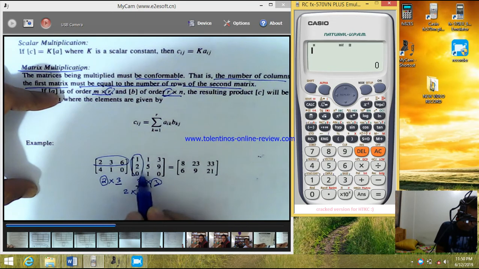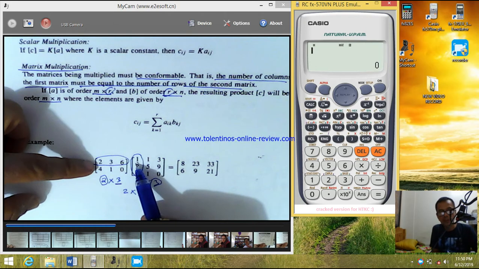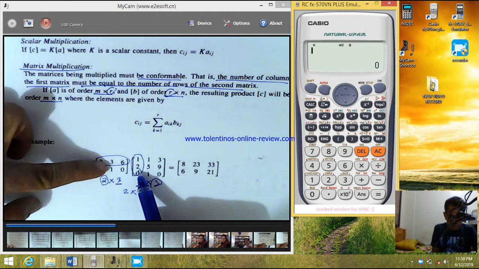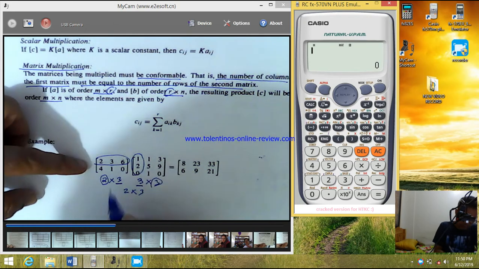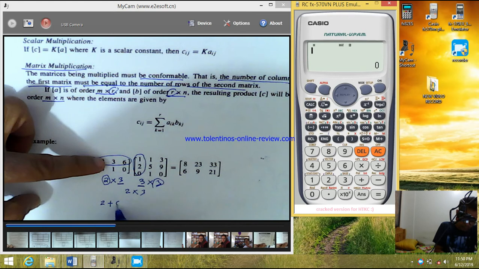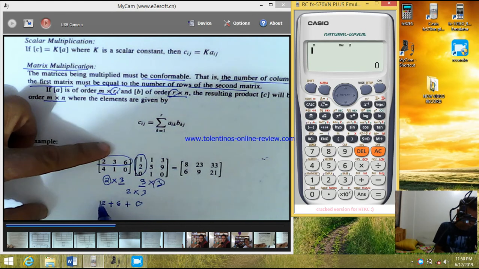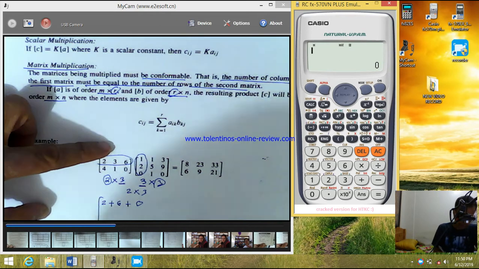Look at this. So this is just 2 times 1, that is just 2, plus 3 times 2, that is 6. So look, this is 2 times 1, 2, plus 3 times 2 is 6, plus 6 times 0 is 0. This will give you the first element.